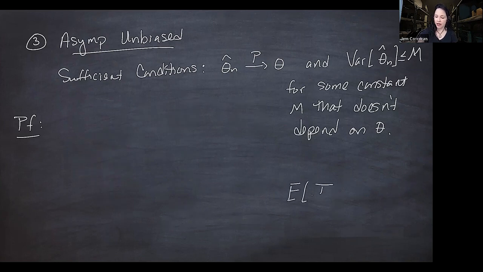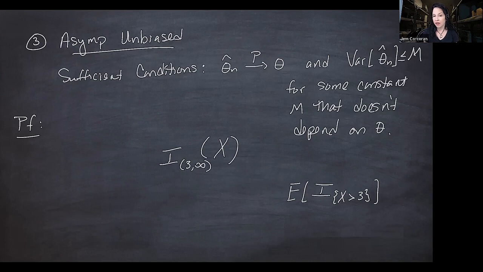The expected value of the indicator of the event that X is greater than 3. So I'm indicating that that event happened. It's 1 or 0. You're probably a little more used to a notation like this. It means the same thing, but I think this notation is easier to read. We're indicating whether or not that event happens.